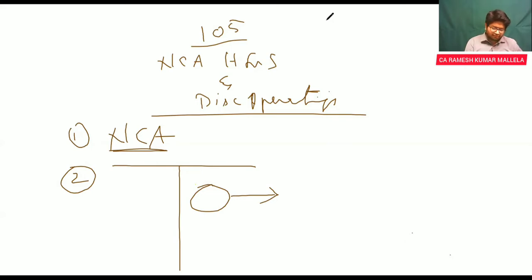Okay. Now the first one, when we have a non-current asset held for sale, that means I have an asset in my balance sheet. However, I am not using it in my business. Hence, I'm planning to sell it off.